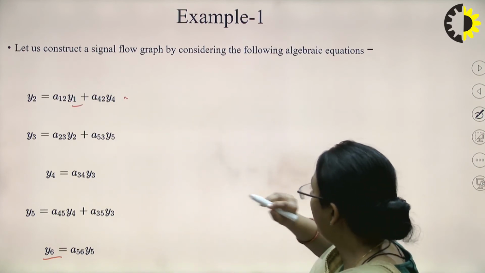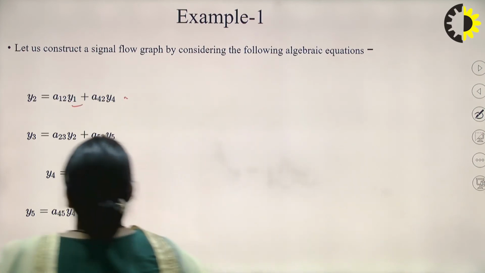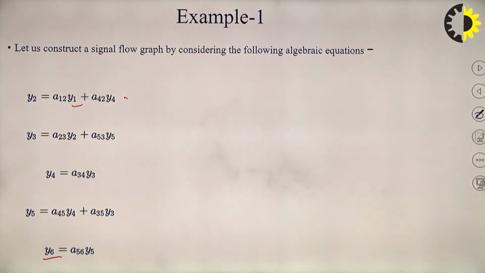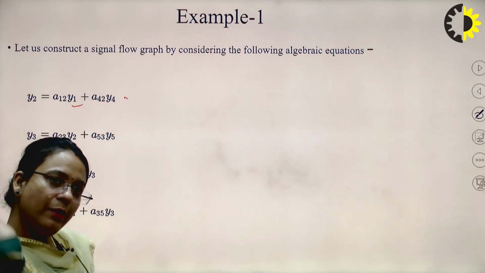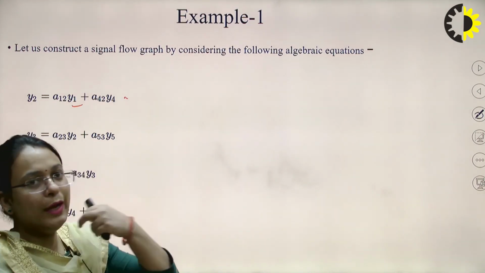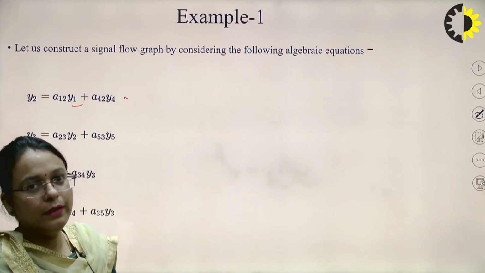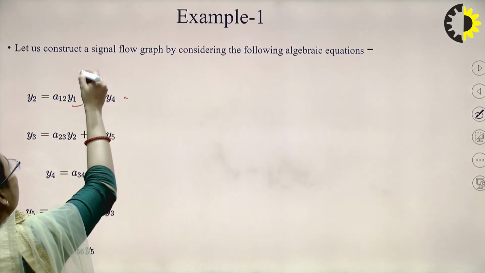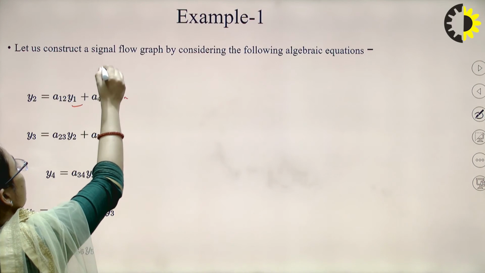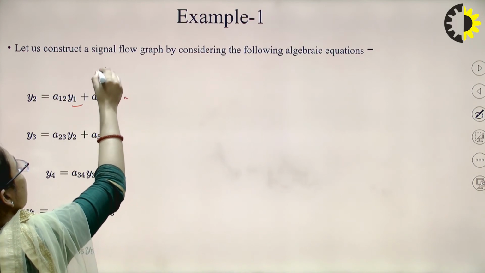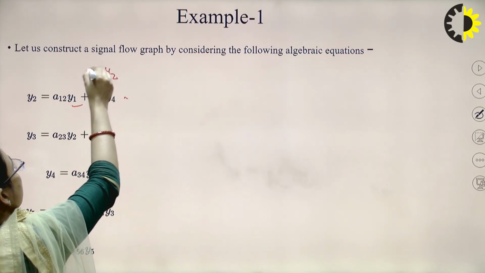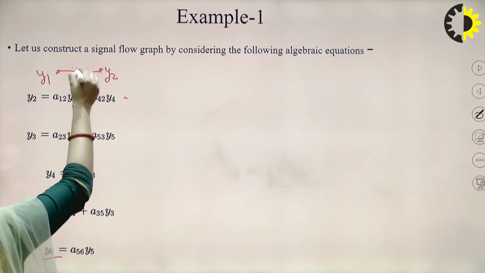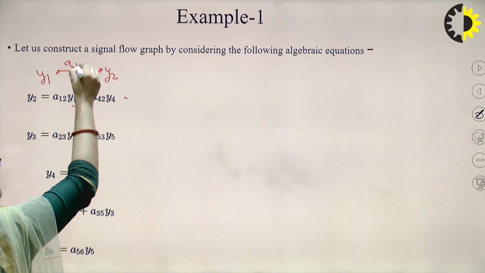So y1 is the input node, y6 is the output node, and y2, y3, y4, y5 are the variables here. Let's draw them one by one. Let's say this is y2, and node y1 is connected to it with the gain a12.